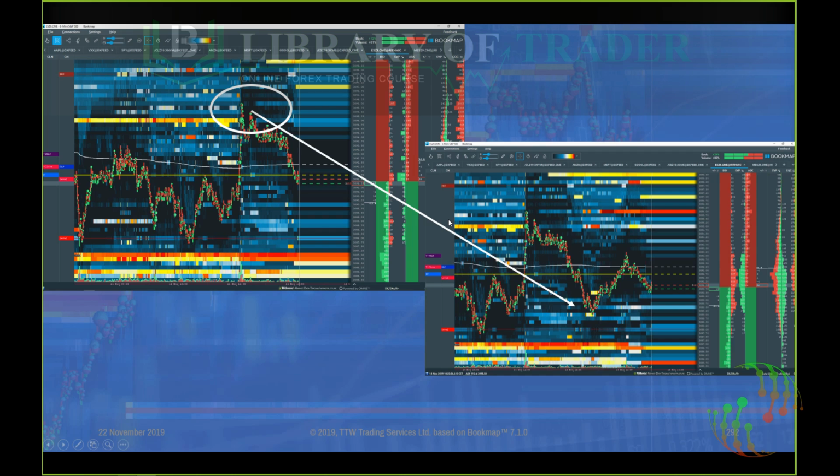We have the same here. What is this? This was the sweep. This was the retracement. This was one from November the 14th. The same behavior. I think my idea with this chart was to show you the sweep.